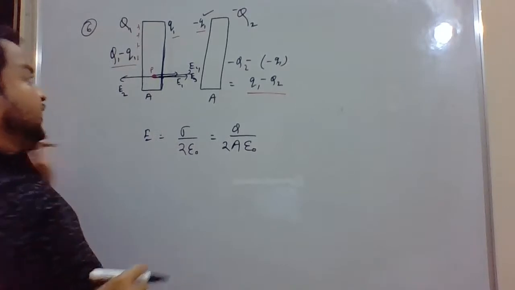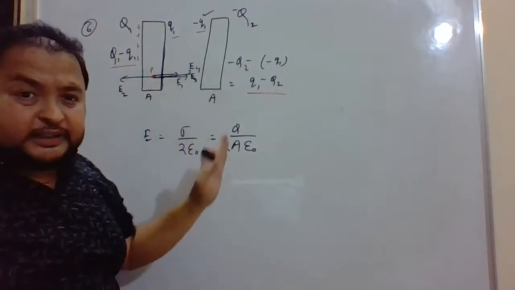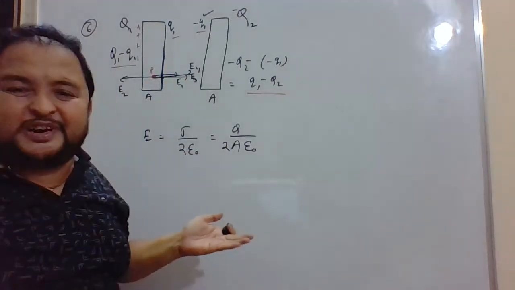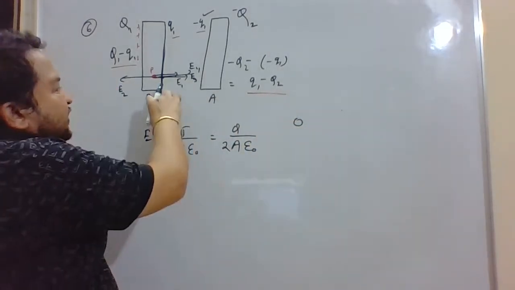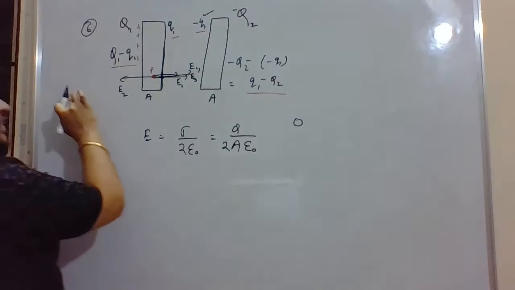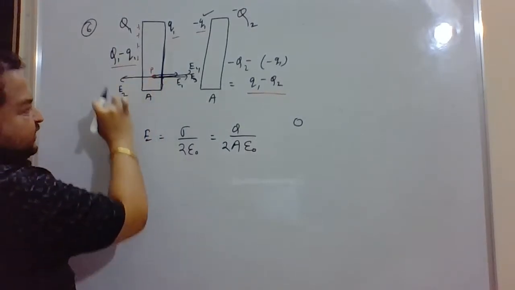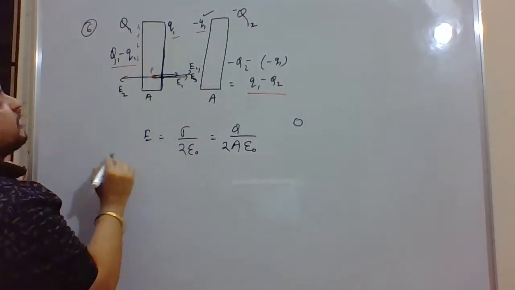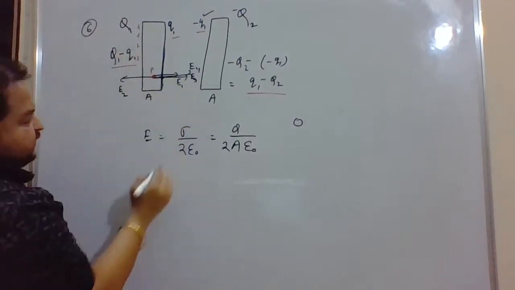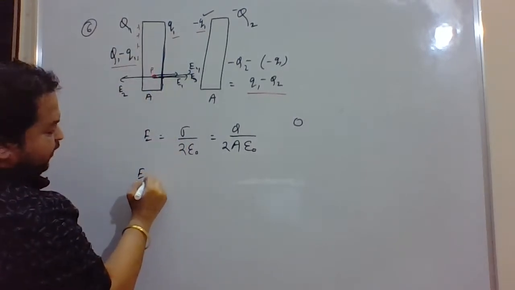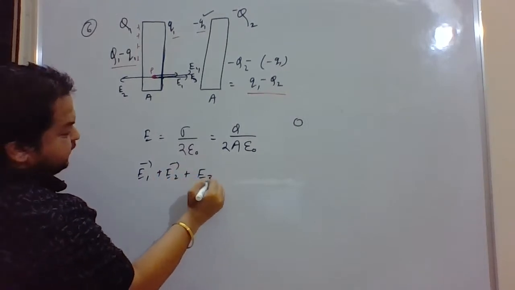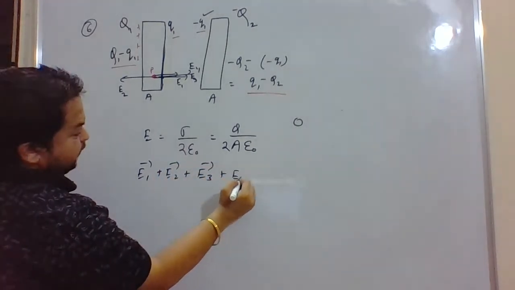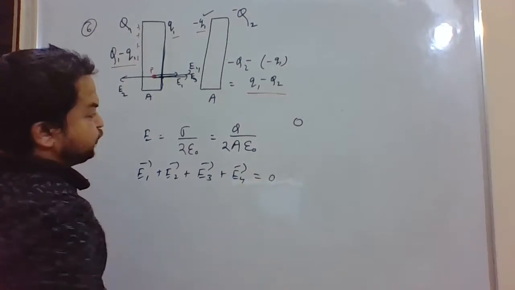And again, inside any conducting surface, what is the net electric field intensity? That is nothing but zero. As the net electric field intensity inside a conductor is zero, we can say that the vector summation E1 vector plus E2 vector plus E3 vector plus E4 vector will be zero.